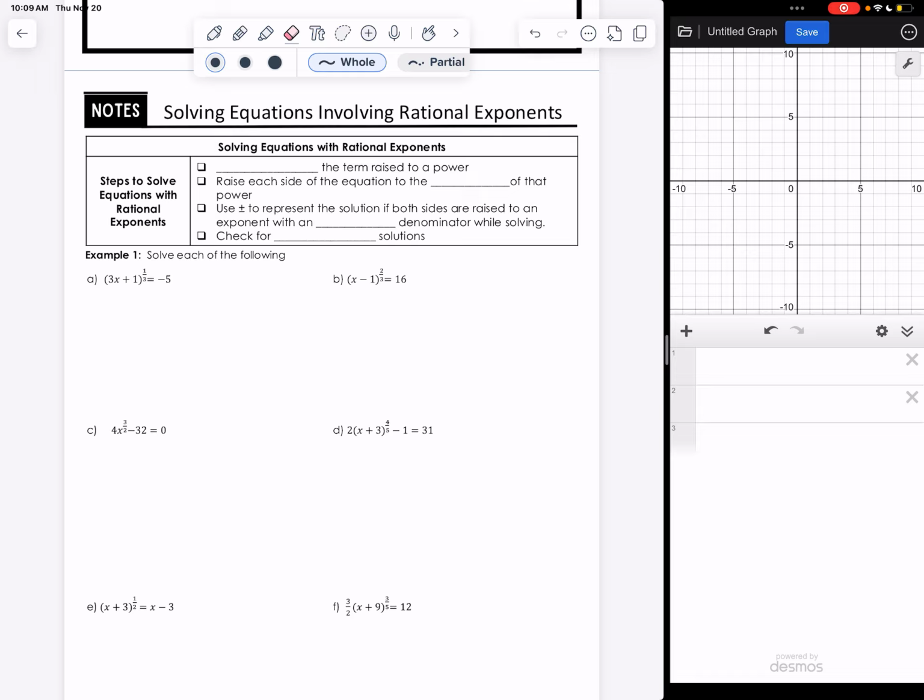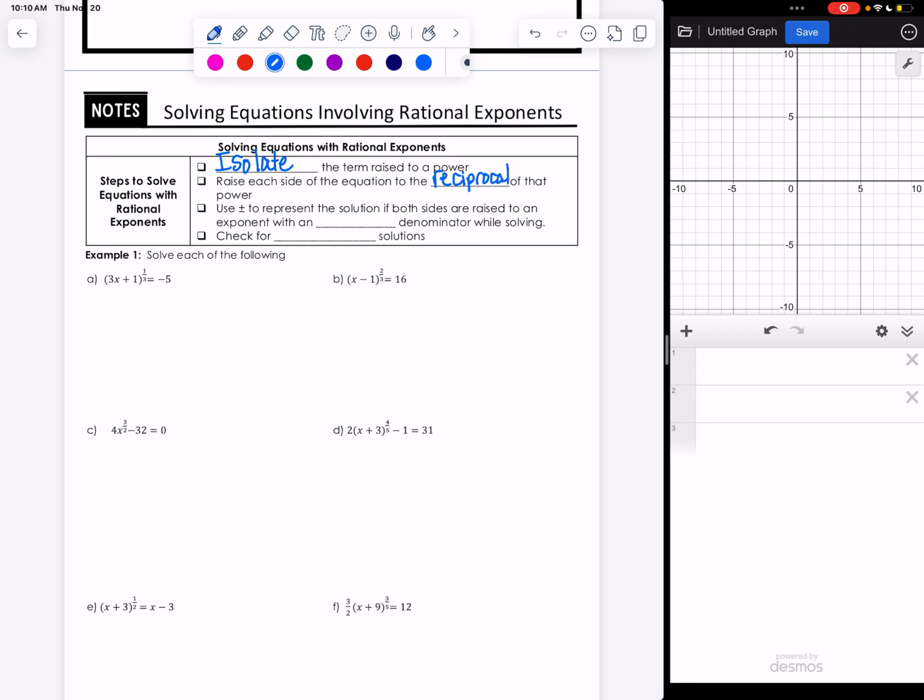So, to solve an equation that has a rational exponent, the first thing you want to do is isolate the term that's raised to the power. Step 2, you'll raise each side of the equation to the reciprocal of that power.